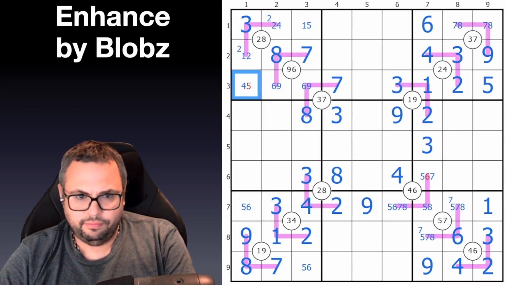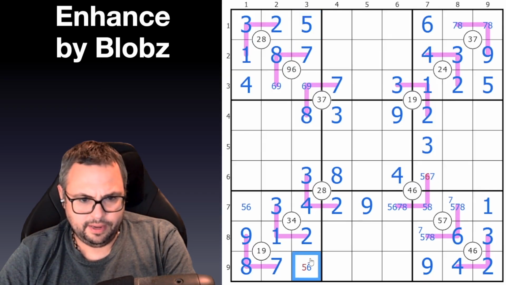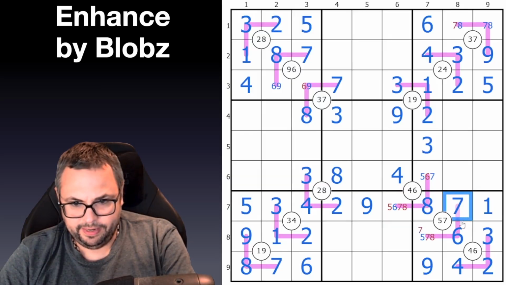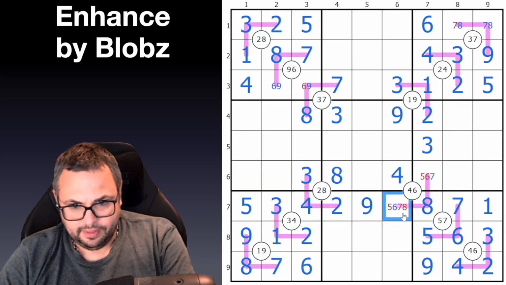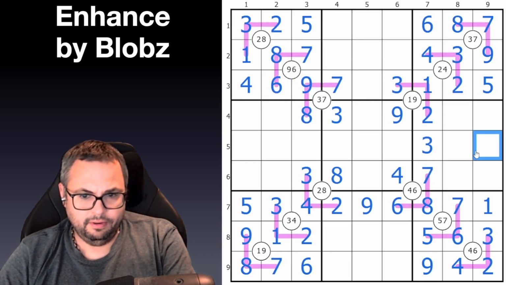Okay, so this is a 4. Making that a 2 and a 1 and a 5. There, 6 and 5 over there. 8 has appeared here, making that a 7 and a 5. 6 and a 7. Okay, and so that all gets filled in.